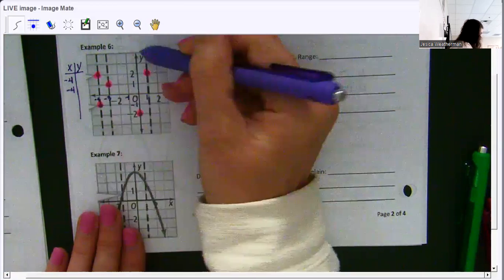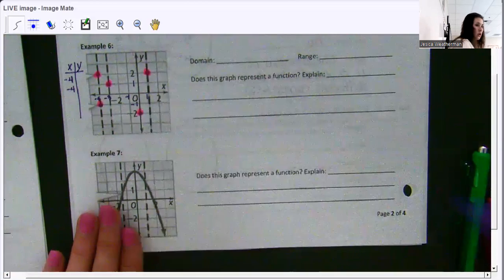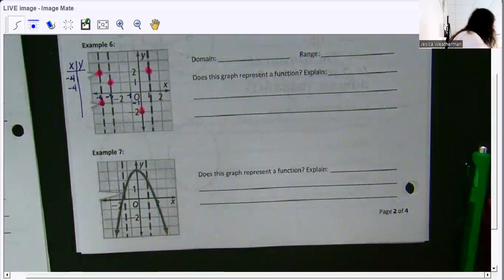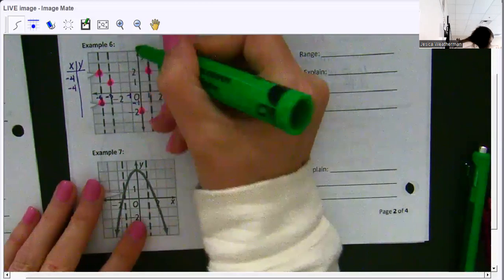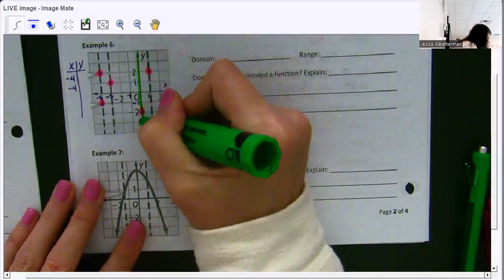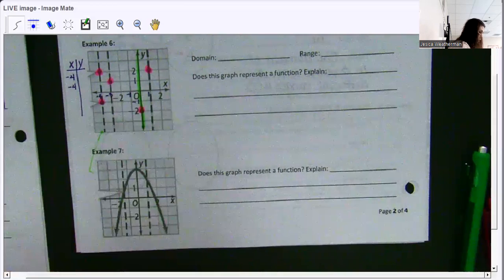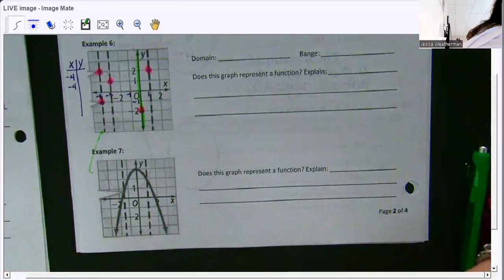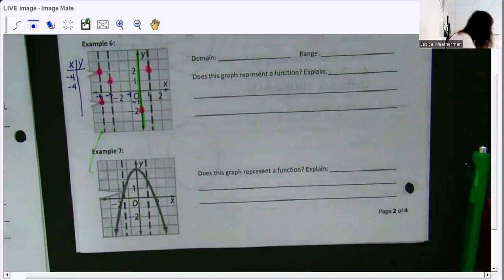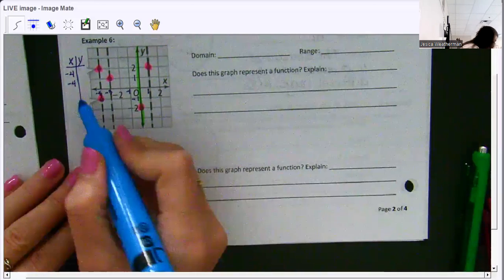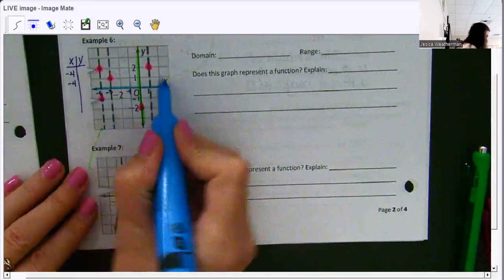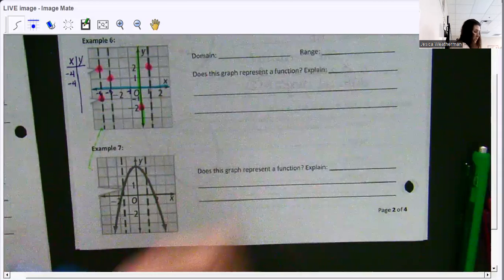I just went down the y-axis. So this would be your y-axis right here. And you can go across like this to figure out what your y values are. And then this here is your x-axis. So you can go up and down to figure out the x values.